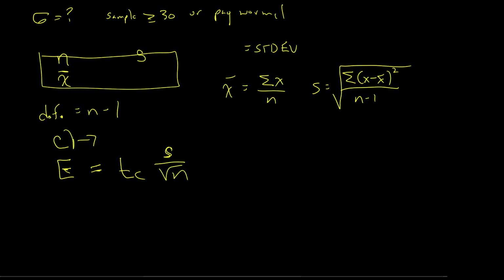Now remember, knowing the confidence level and the degrees of freedom means you look up in the table and you get that critical value like we did before. And so the steps are the same, just the one piece of data changes. And so that's what's nice about it.